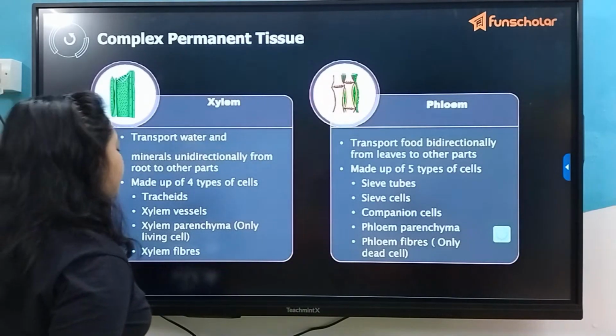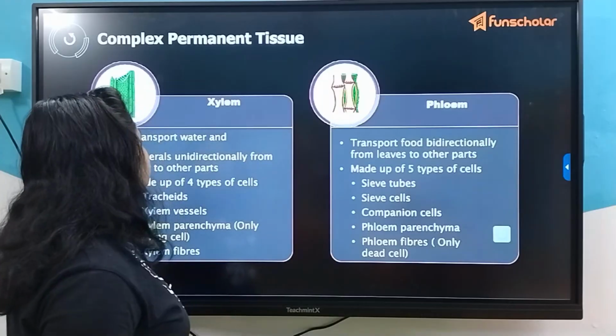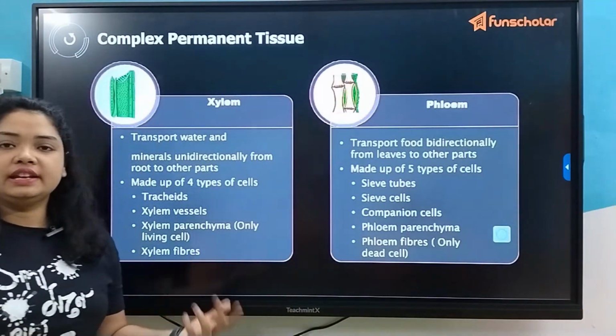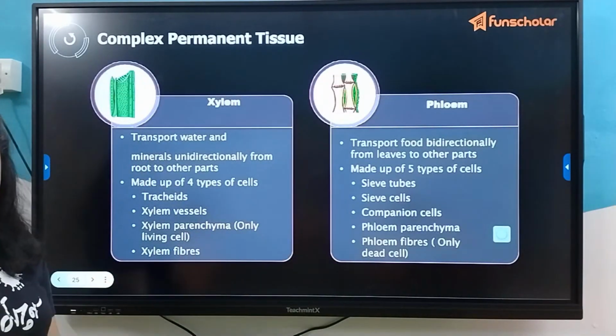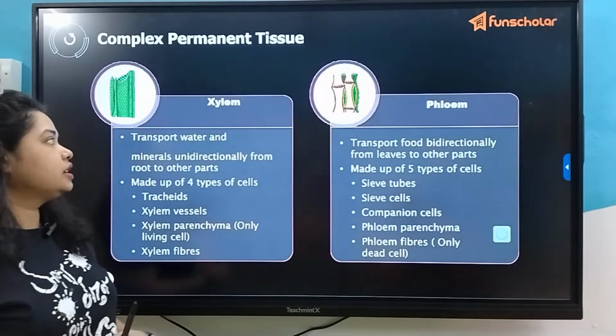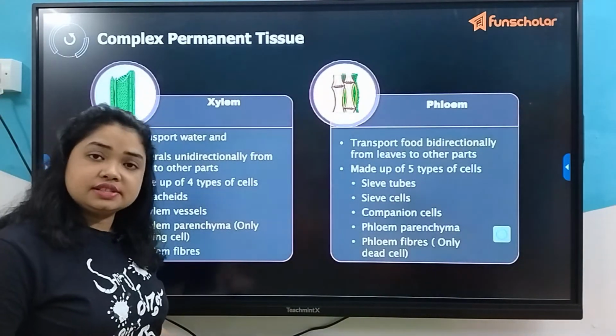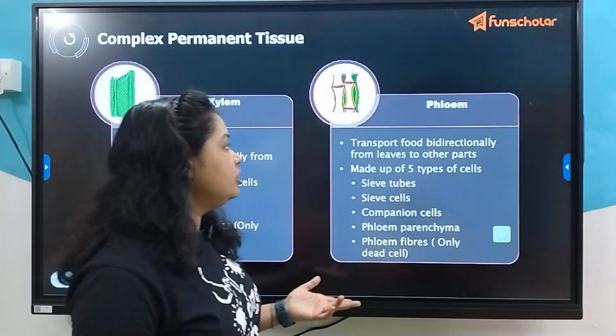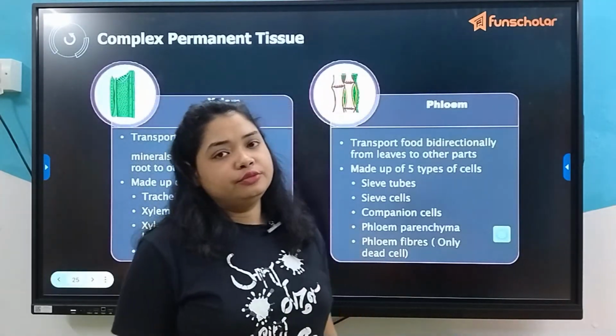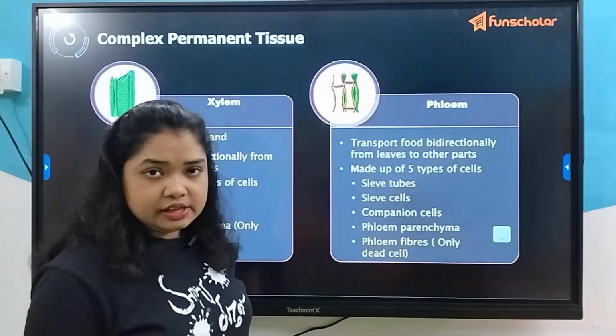So again, we have known from the video the summary of the xylem tissue and the phloem tissue. Now, xylem tissue conducts water and the dissolved minerals in it, and phloem tissue conducts the food materials prepared by the leaves.